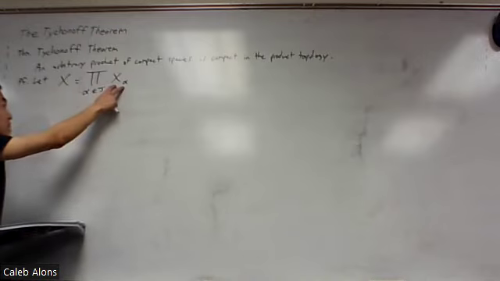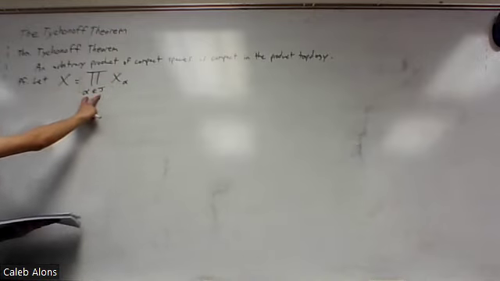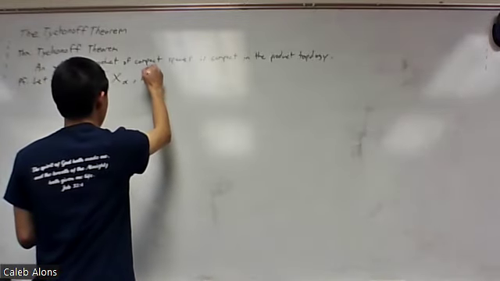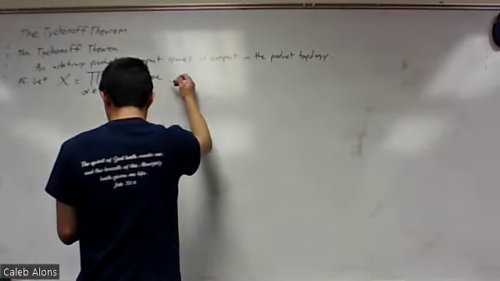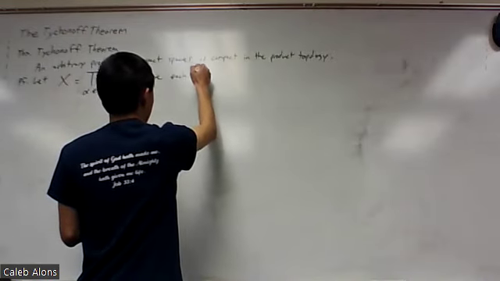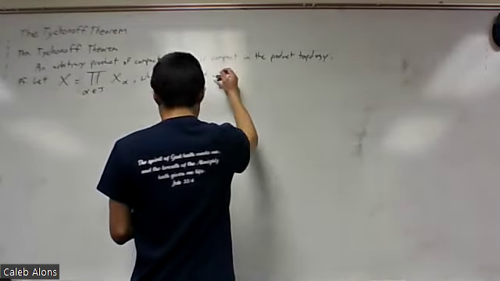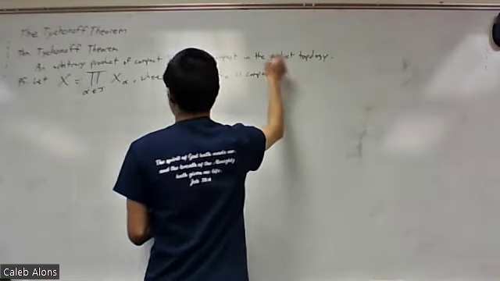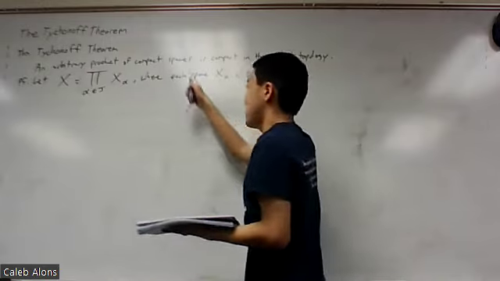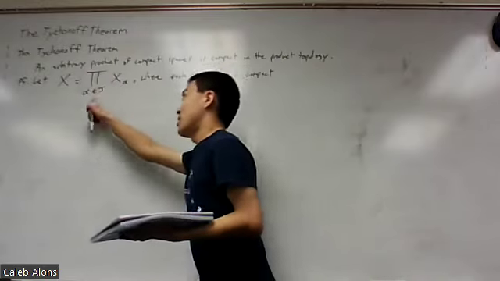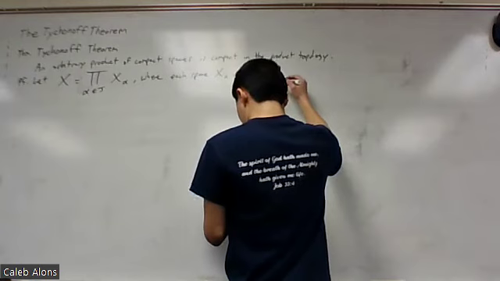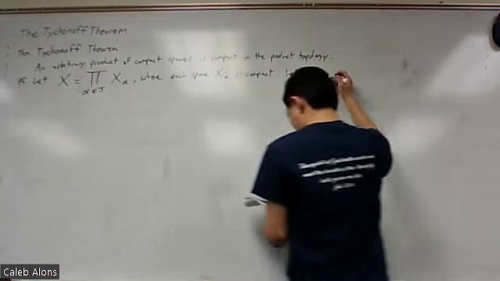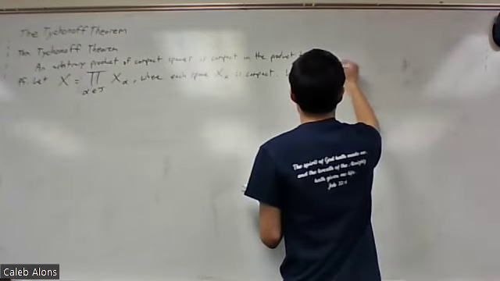So we have a whole bunch of stuff indexed over something that can be pretty much anything we want, where each space X alpha is compact. So that's just what we state here, arbitrary product of compact spaces. So these are the compact spaces, and that's the arbitrary product. So we're going to let script A be a collection.